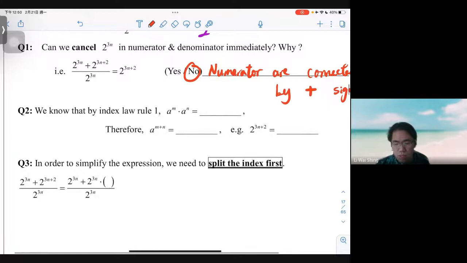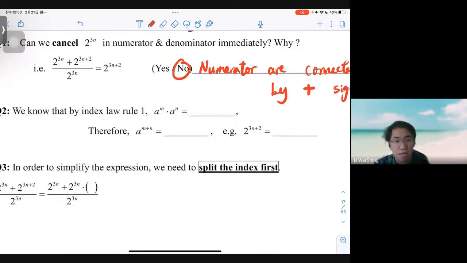So, before we move on, OK, let me ask one question. What is a to the power m times a to the power n? It equals a to the power m plus n, right? You learned this. So this time we are reading it from the right to the left. a 加 n 變咩啊？a 的 m 次方乘 a 的 n 次方就係 a 的 m 加 n 次方。咁 a 的 m 加 n 次方即係咩啊？a to the power m times a to the power n.